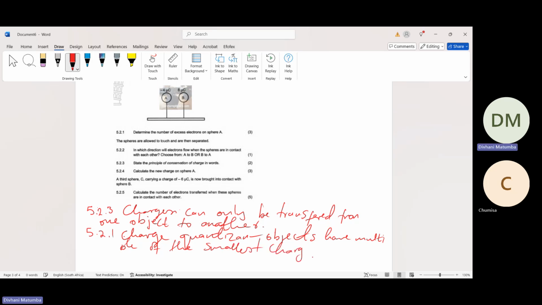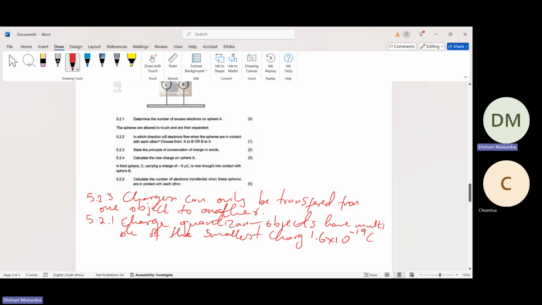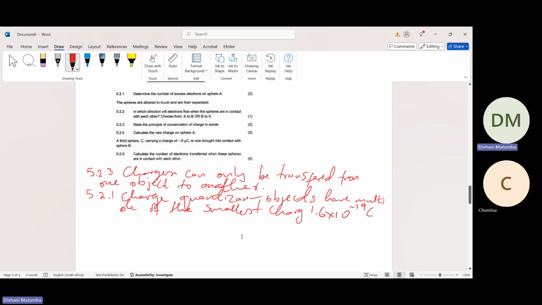And the amount is 1.6 times 10 to the power of minus 19 coulombs. Not all charges, all charged objects. If you say charges, I don't think they will penalize you, but the proper definition is to say charged objects, but it's fine. Okay.